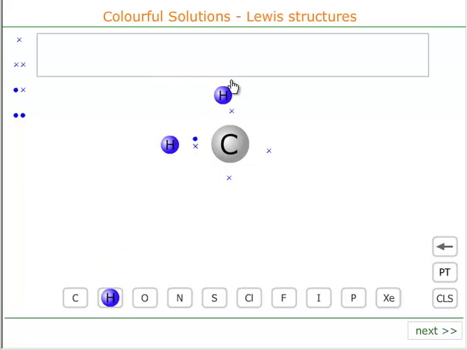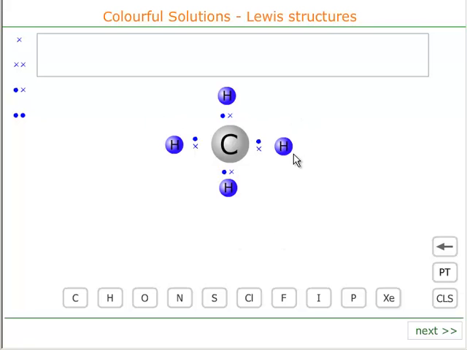We could have 4 hydrogen atoms, each providing its own electron, to make a total of 8 electrons around the central atom. And this would give us our final Lewis structure.